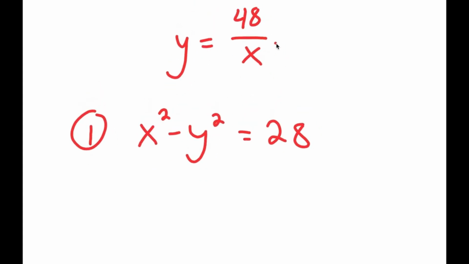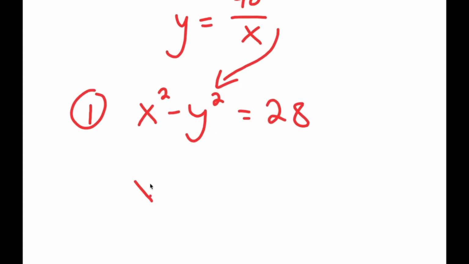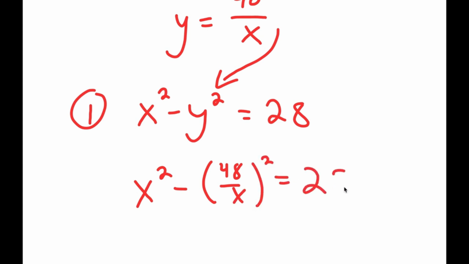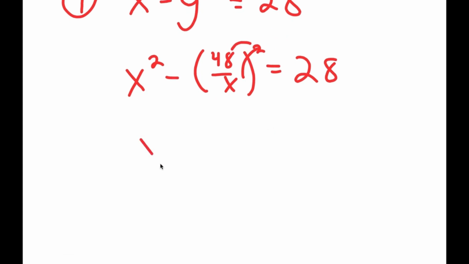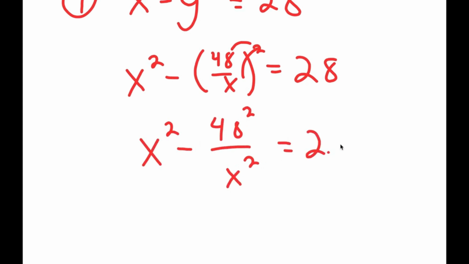So if I plug this in for y, I get x squared minus (48 over x) squared is equal to 28. Now I can square the numerator, so I get x squared minus 48 squared over x squared is equal to 28.